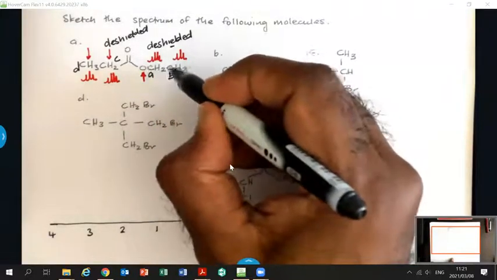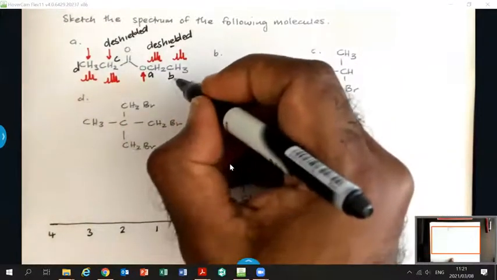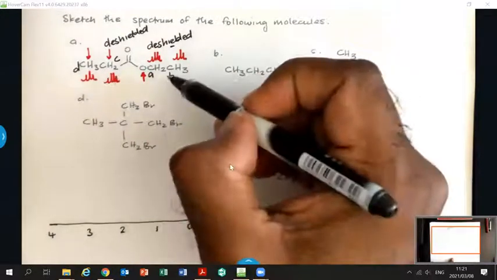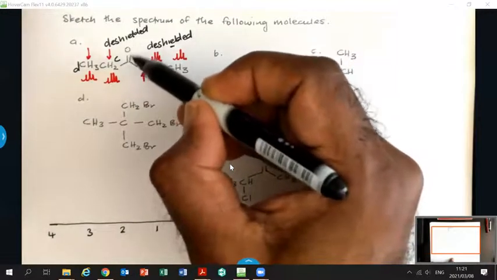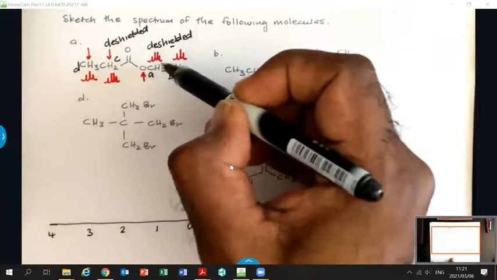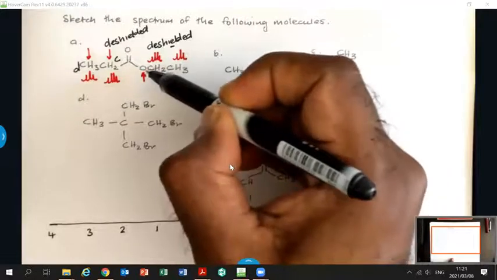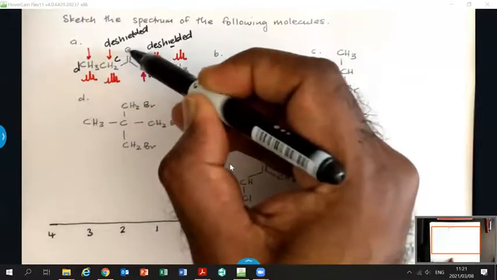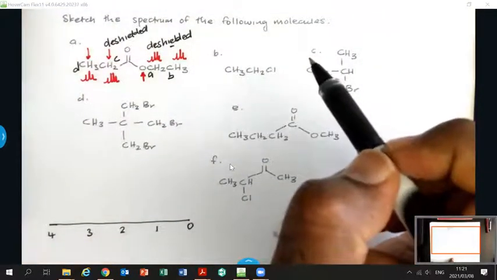So if I look at these 2 CH3 groups, I can say that B is going to be more deshielded than D, because here I have a direct oxygen, but here I have a carbonyl group that's 2 bonds away or 3 bonds away. So 3 bonds away to this hydrogen, I have oxygen, and here 4 bonds away to this hydrogen, I have an oxygen. You can count the bonds later in your own time and you can see that's true.